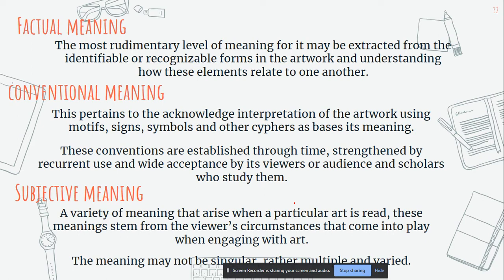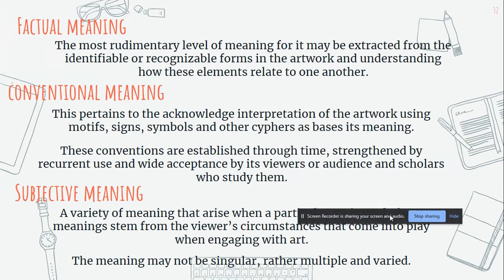And we have the subjective meaning, a variety of meanings that arise when a particular art is read. These meanings stem from the viewer's circumstances that come into play when engaging with art, and the meaning may not be singular, rather multiple and diverse, because it's subjective.